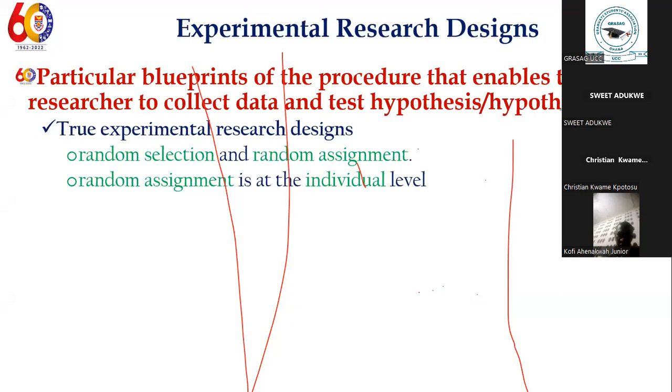Experts say that this kind of research design normally takes place when you have a large sample who are not pre-categorized. So in this case, there is the issue of random selection or random assignment.